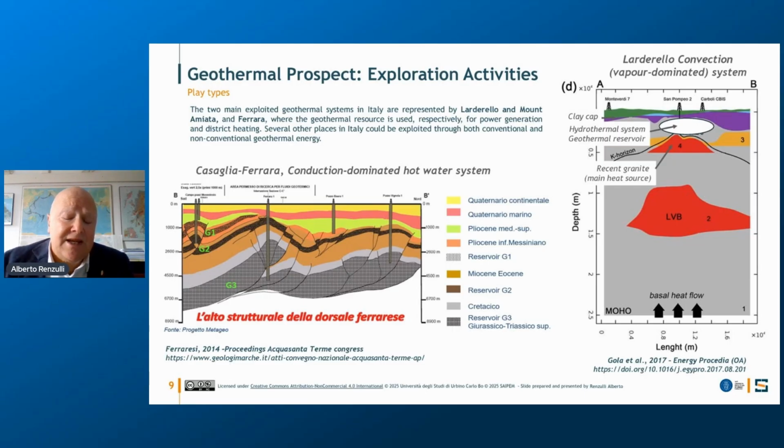But this condition or way of producing electricity isn't always present. And that's not the only case we have in Italy. Take Ferrara, for instance, which is perhaps less known but no less important. It has totally different geology, no pluton intrusions and no granites.